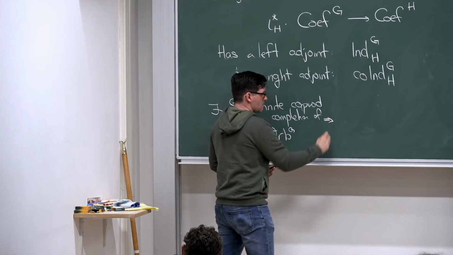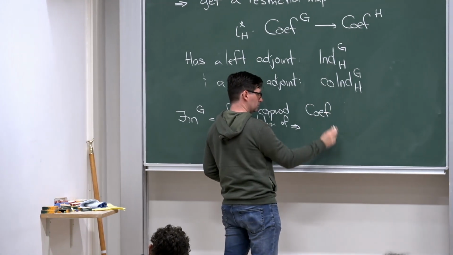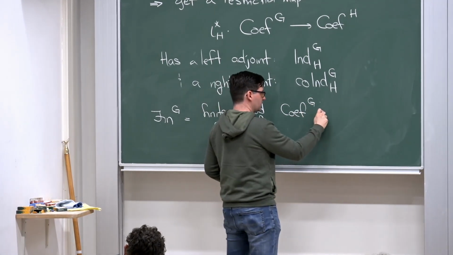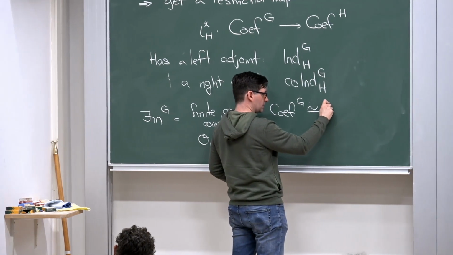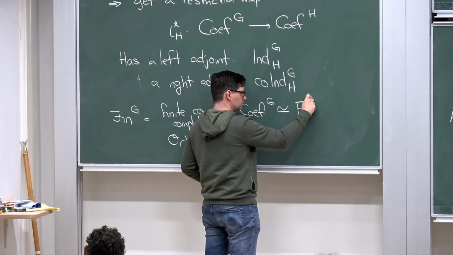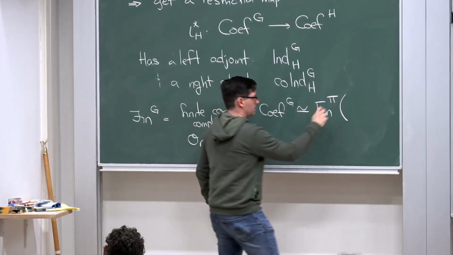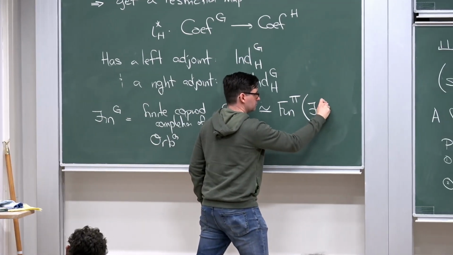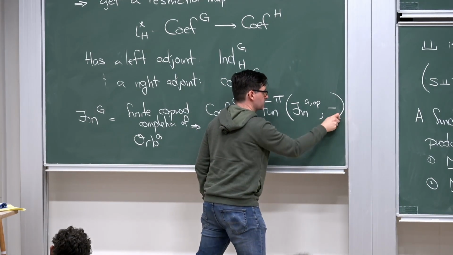And so what I get from this is that coefficient systems on G are actually the same thing as product-preserving functors from Fin G op into whatever thing I have that has products.